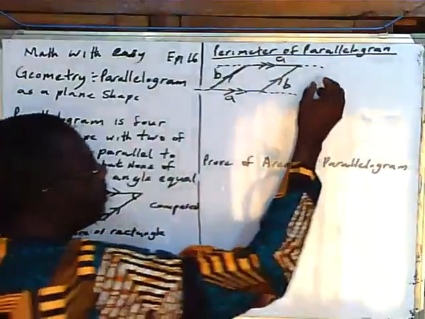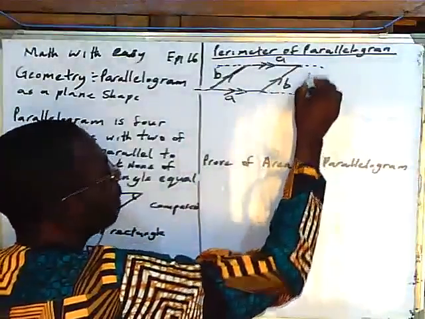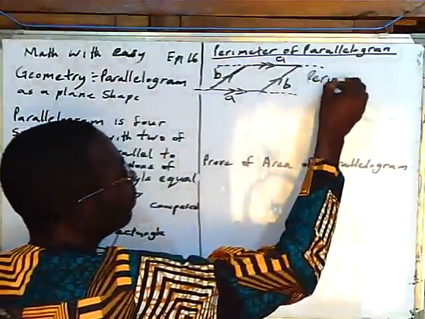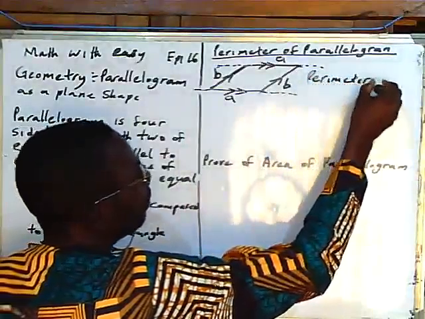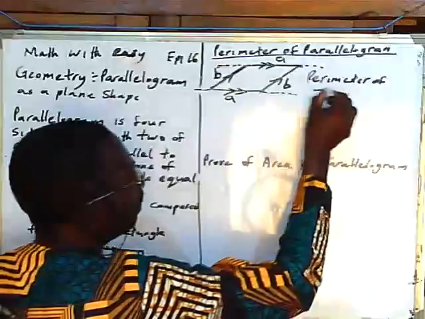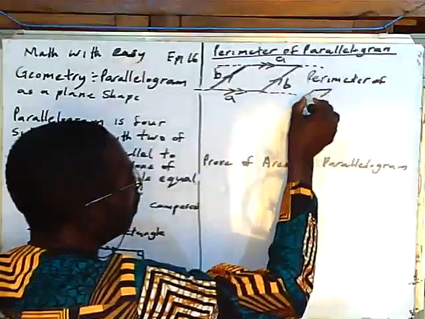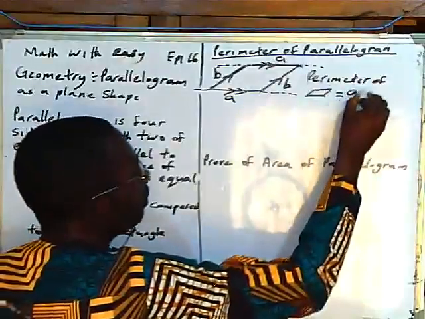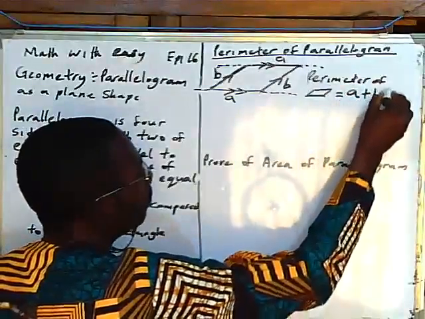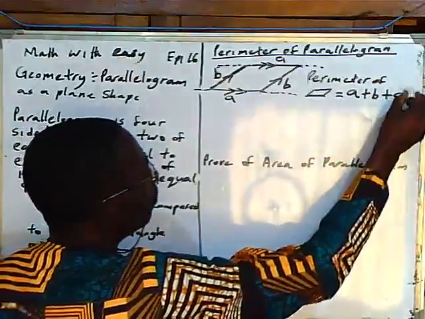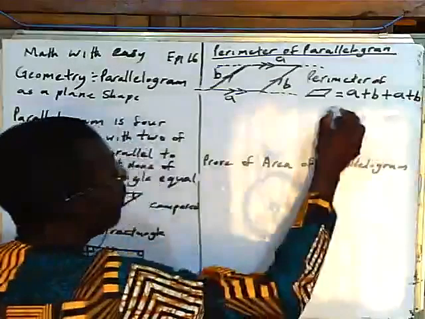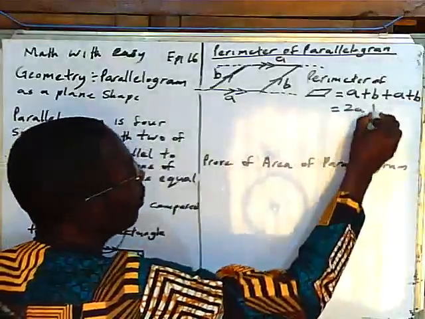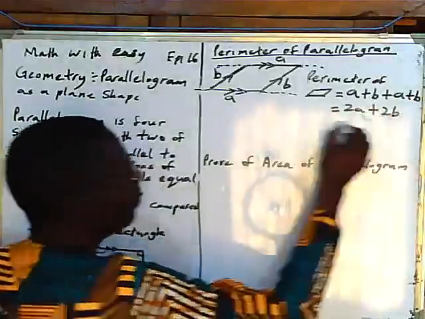So by virtue of perimeter, the perimeter of a parallelogram will be equal to A plus B plus A plus B. So you have 2A plus 2B. Then something is common.